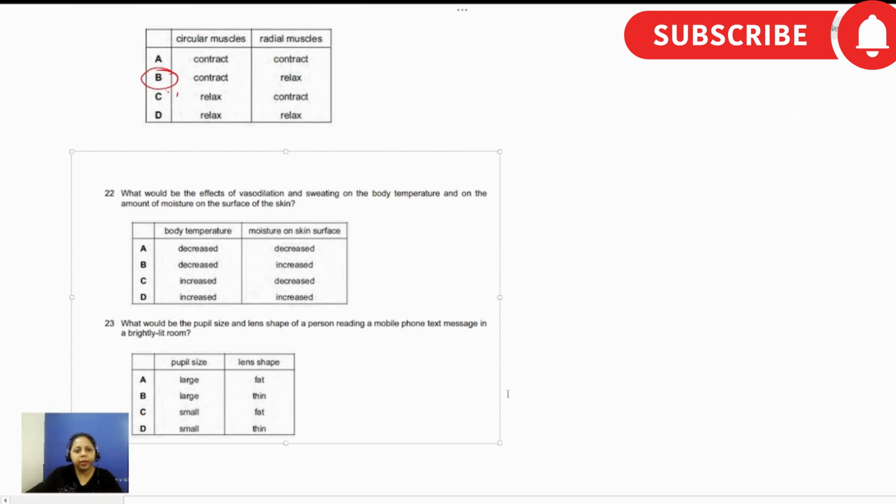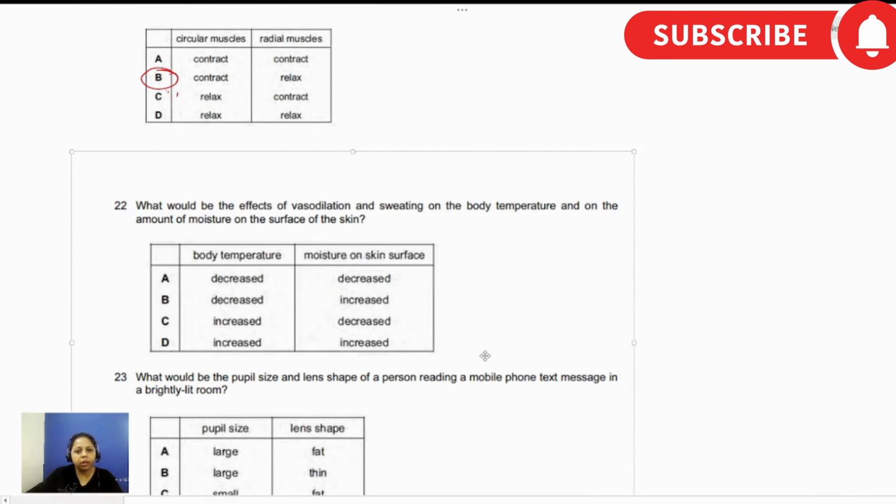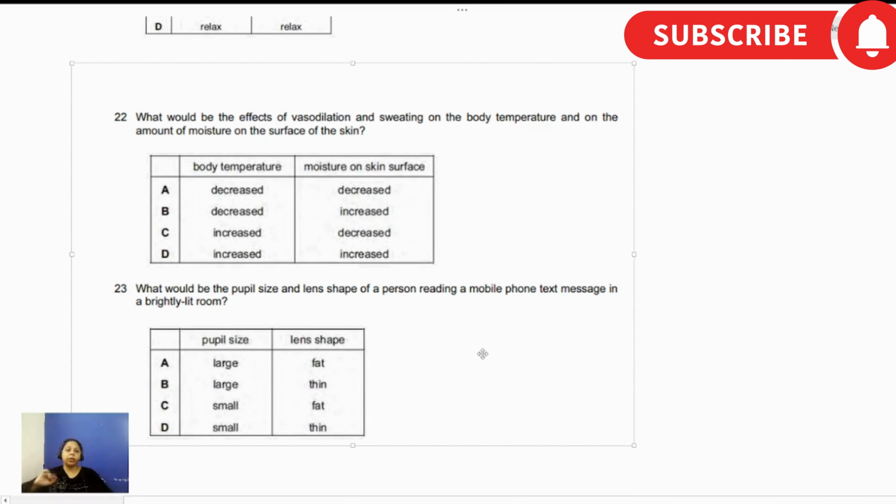What would be the effect of vasodilation and sweating on the body temperature? Okay, body temperature decreases. B, correct. What would be the pupil size and lens shape if a person is reading a mobile phone text in a brightly lit room?